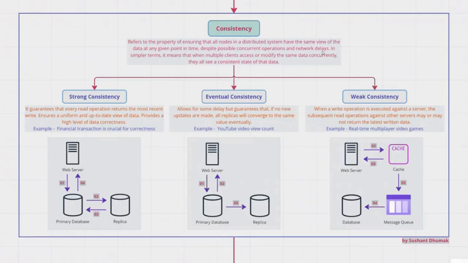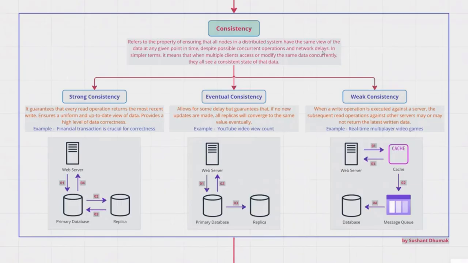I'll try to elaborate this. Suppose you are writing information to a database and immediately you're reading that information. Maybe it's you or maybe other users doing this writing operation and reading it back. They should get the exact same data that has been written to the database.